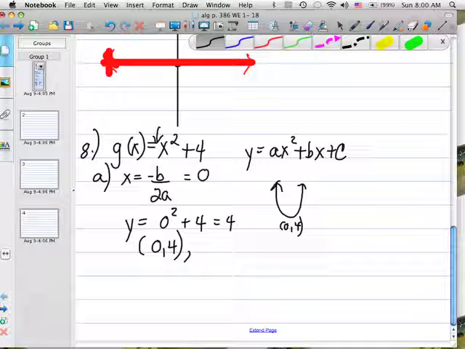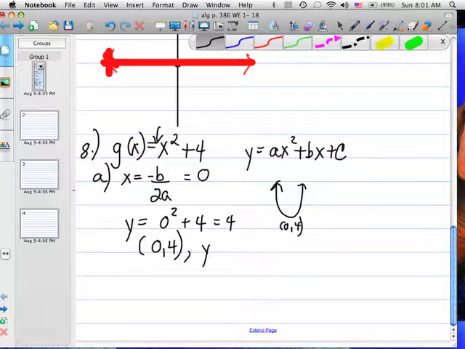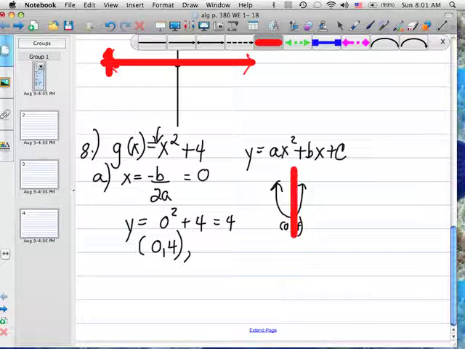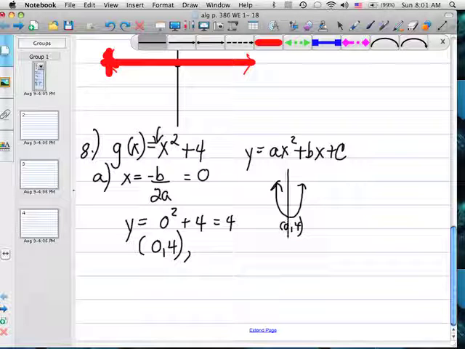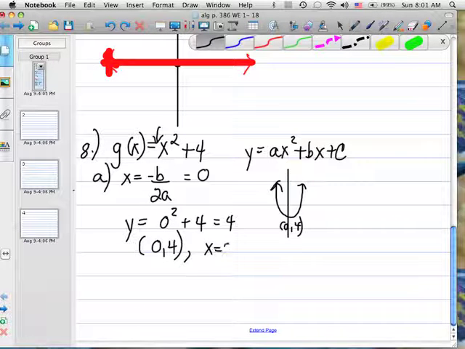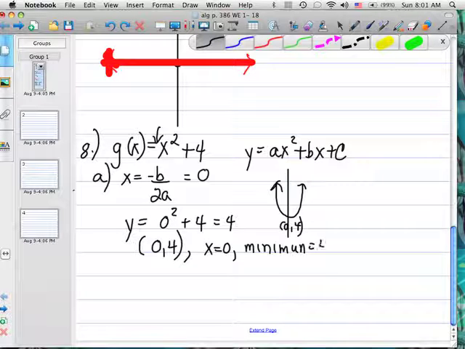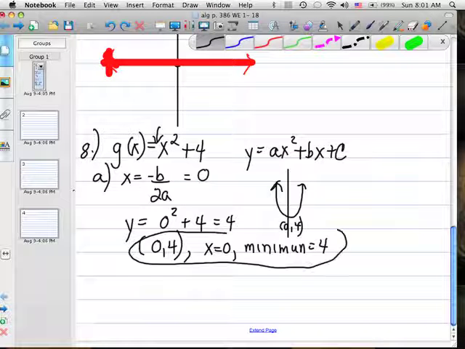The axis of symmetry is the vertical line that goes through the parabola right here, x equals 0, and the minimum is 4, the bottom of the parabola. So those are our 3 answers.